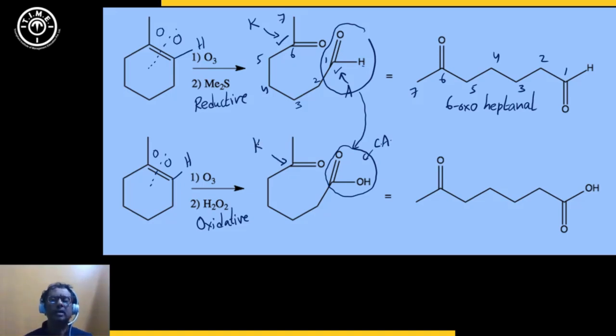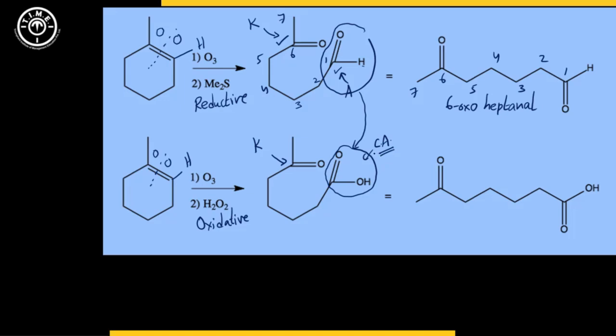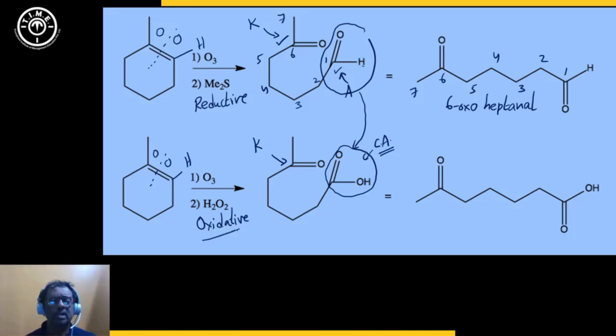Yes, we mentioned that if an aldehyde is formed on reductive ozonolysis, it will turn into carboxylic acid when oxidative ozonolysis takes place using H2O2. So first form the products of reductive ozonolysis and then decide upon oxidative ozonolysis. What does it do?